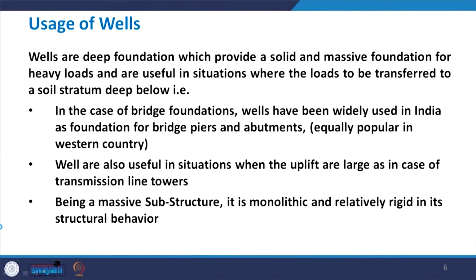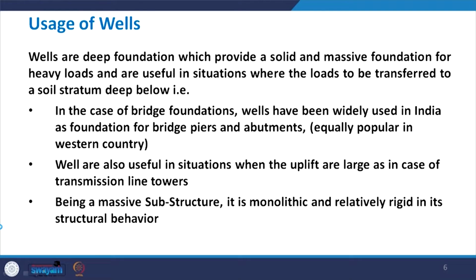However, the diameter of wells is quite large compared to piles. As a result, they are able to provide a solid and massive foundation for heavy loads, including the loads of bridges. In the case of bridge foundations, wells have been widely used in our country as a foundation for bridge piers and abutments, and they are equally popular in western countries also.